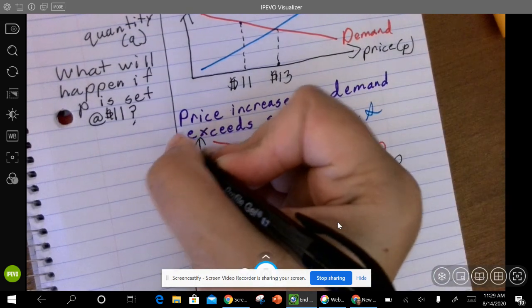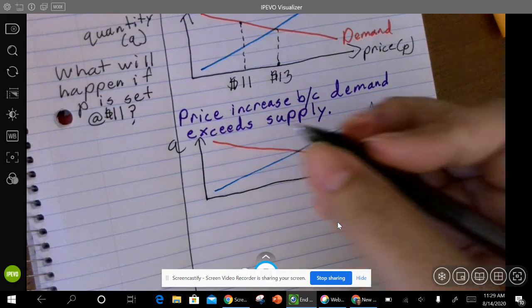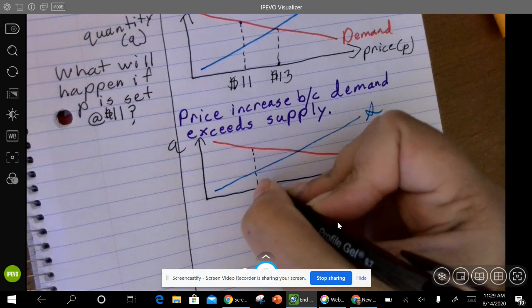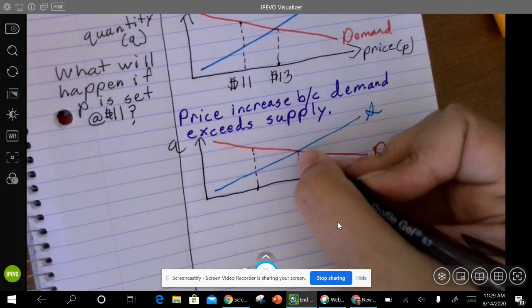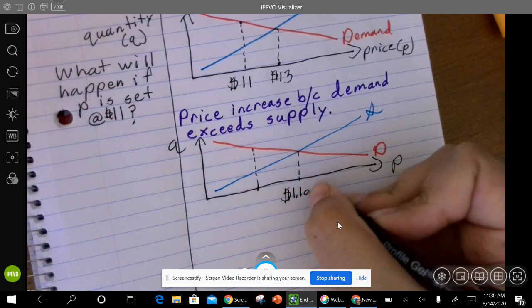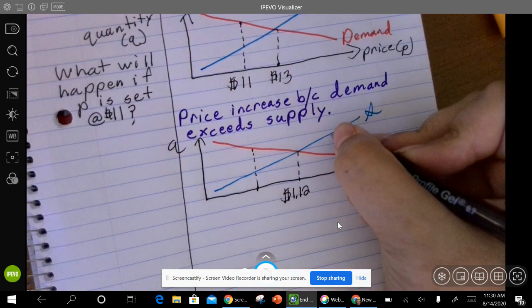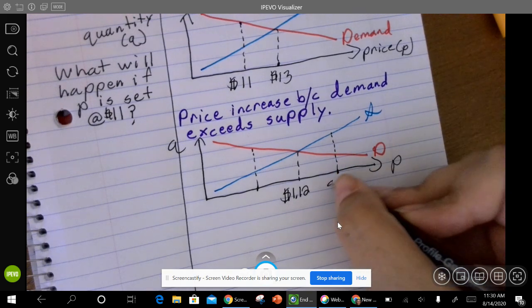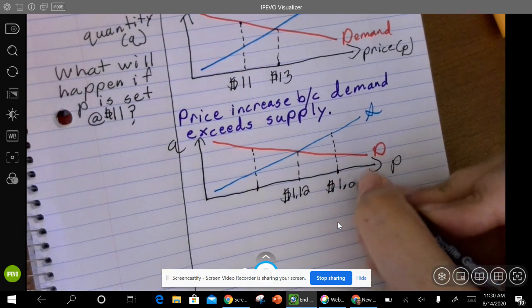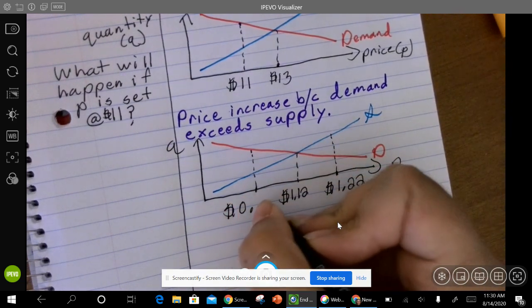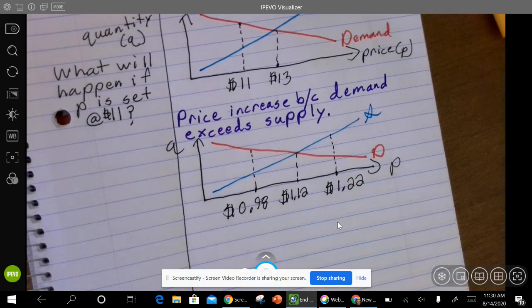Our quantity. Okay, so our equilibrium price, everybody, is going to be $1.12 for this one. And we have $1.22. $1.68.